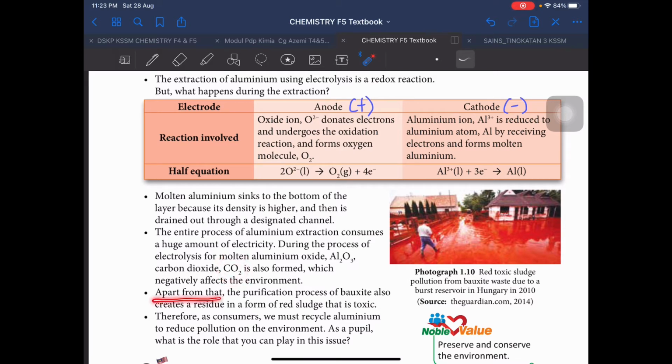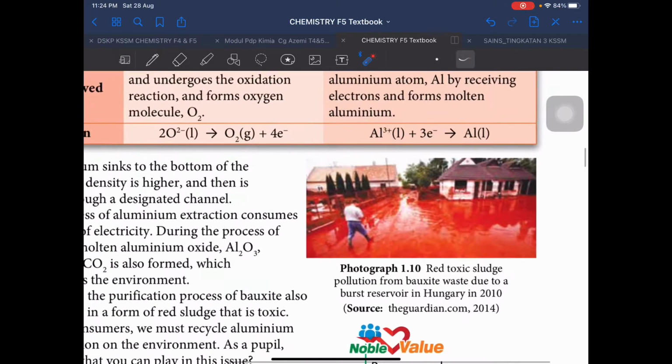So apart from that, the purification process of bauxite also creates a residue in the form of red sludge that is toxic. Remember, before you take the bauxite for electrolysis, we need to purify it first. During purification there is red sludge, which is toxic. Look at the news over here.